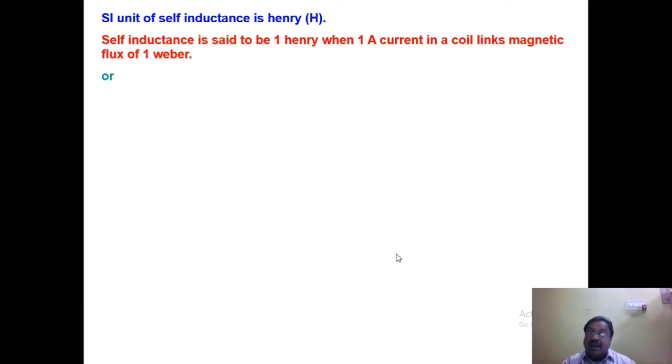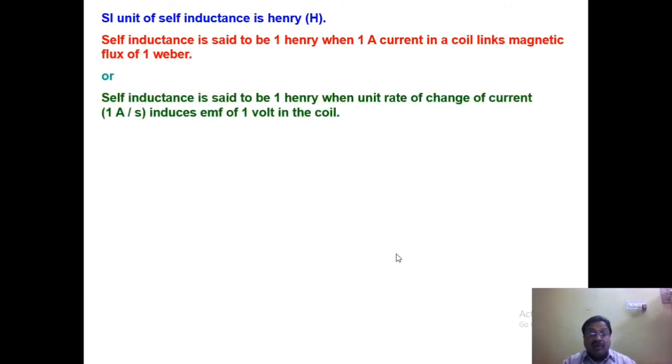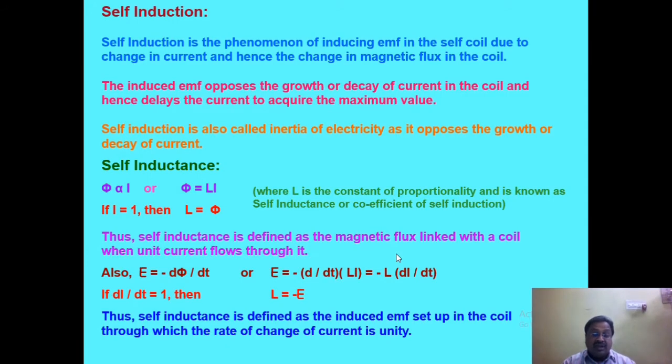Now, what is the unit of self-inductance in SI? As Henry first explained this phenomenon of self-induction, the SI unit is Henry. And from the previous formula, phi equals LI, or E equals minus L di by dt, if the current is changed at a rate of 1 ampere per second, for which the induced EMF is 1 volt, then inductance will be said to be 1 Henry.